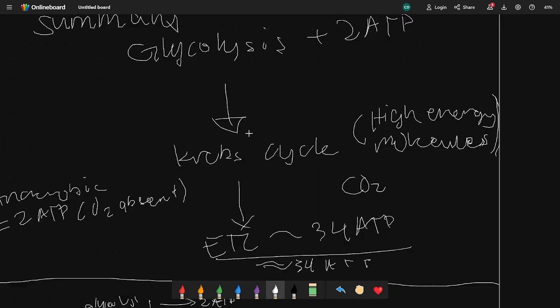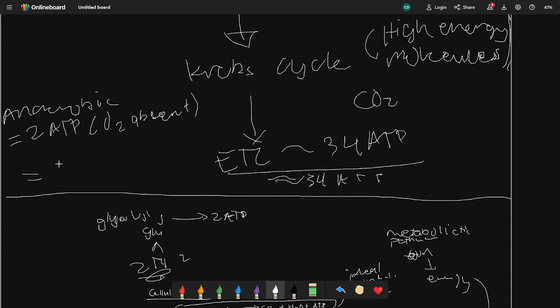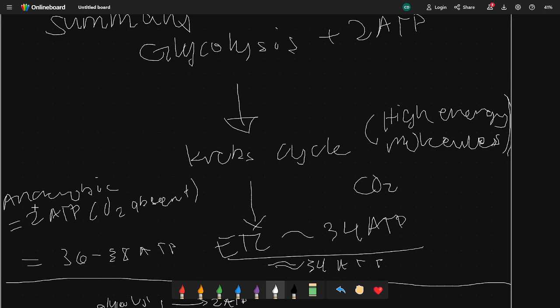The total for one glucose molecule under perfect aerobic conditions is roughly 36 to 38 ATP. In the absence of oxygen, under anaerobic conditions, the net total is just 2.